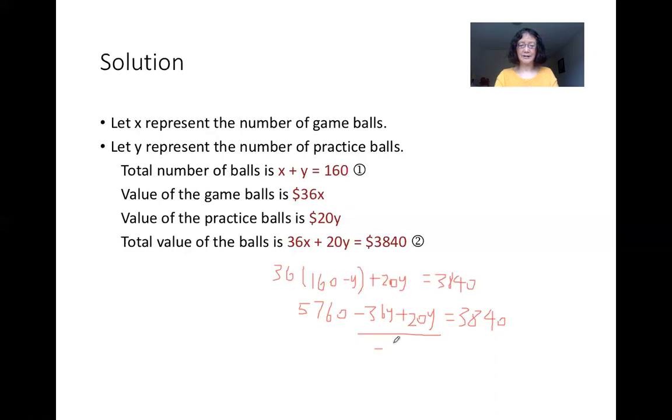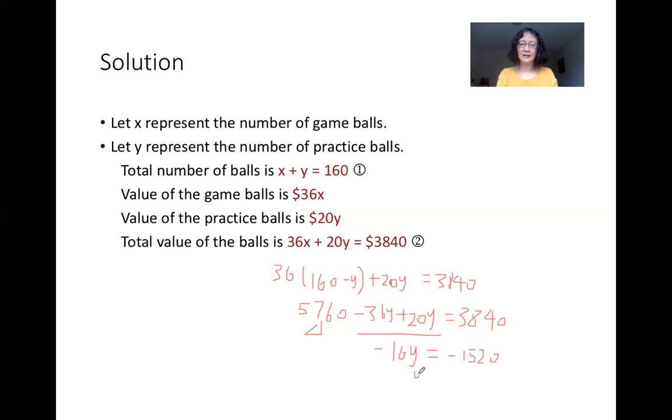You have negative 12y equal to, move this item to the right hand side, and it becomes negative 5,760, then positive 3,840. Okay. So you need to do that. So my result is negative 1,520.